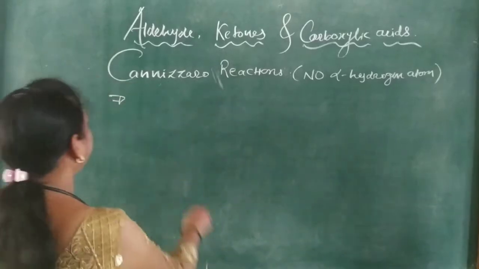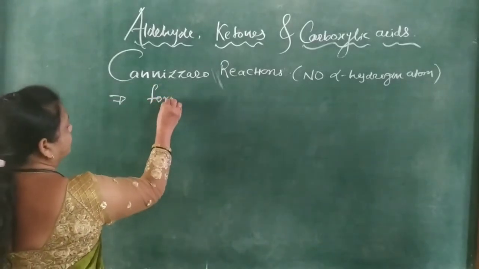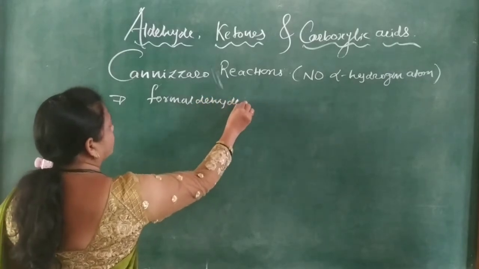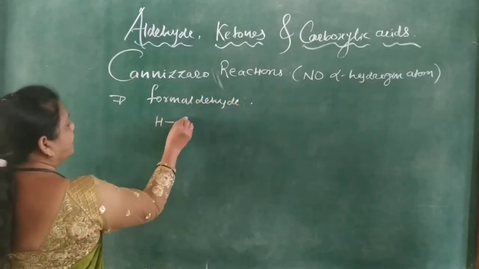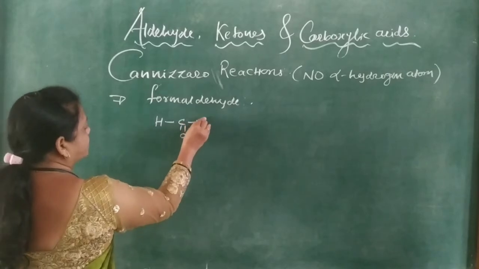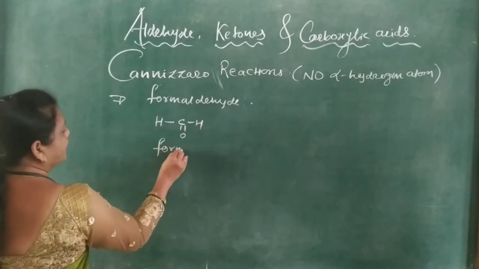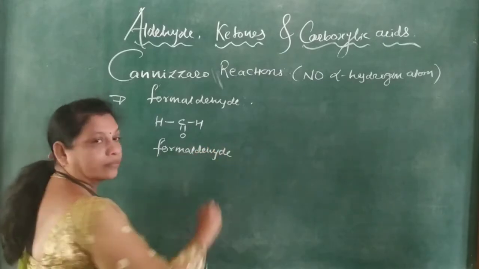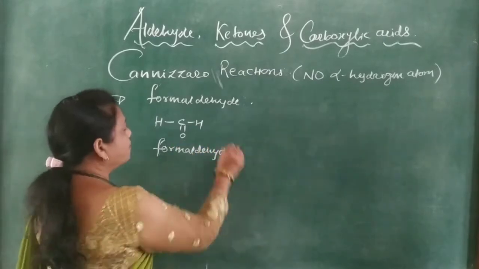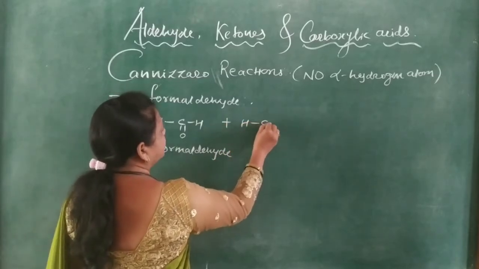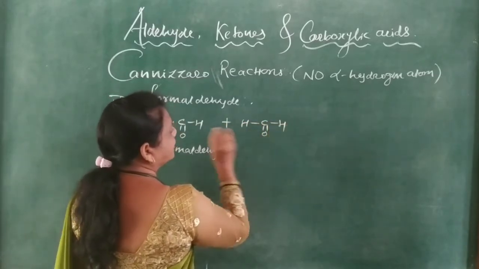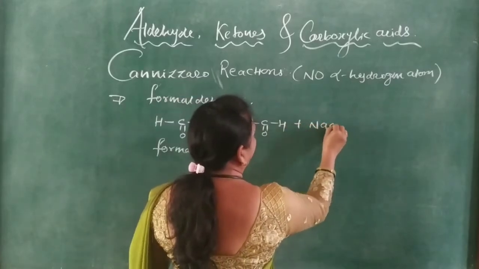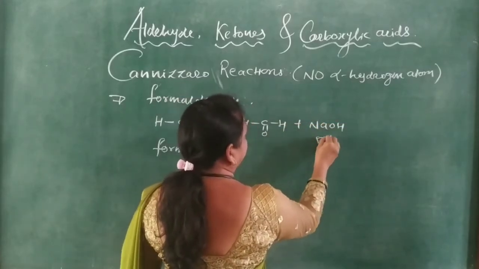For example, formaldehyde, HCHO. This is formaldehyde. What is the IUPAC name of this compound? Yes, it is methanal. Then HCHO, another formaldehyde molecule, plus NaOH or KOH 50%.